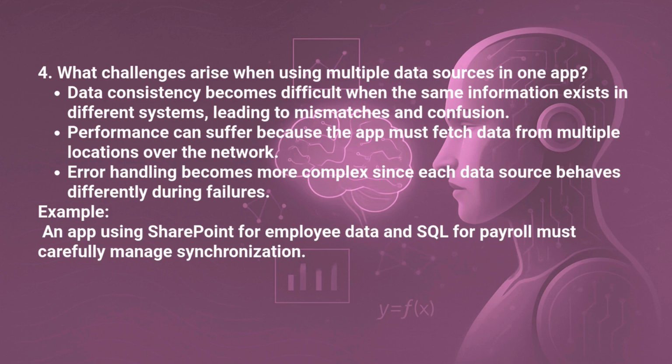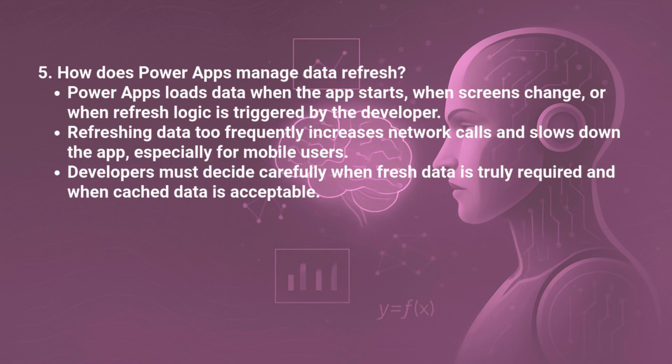Example: an app using SharePoint for employee data and SQL for payroll must carefully manage synchronization. 5. How does Power Apps manage data refresh? Power Apps loads data when the app starts, when screens change, or when refresh logic is triggered by the developer. Refreshing data too frequently increases network calls and slows down the app, especially for mobile users. Developers must decide carefully when fresh data is truly required and when cached data is acceptable.